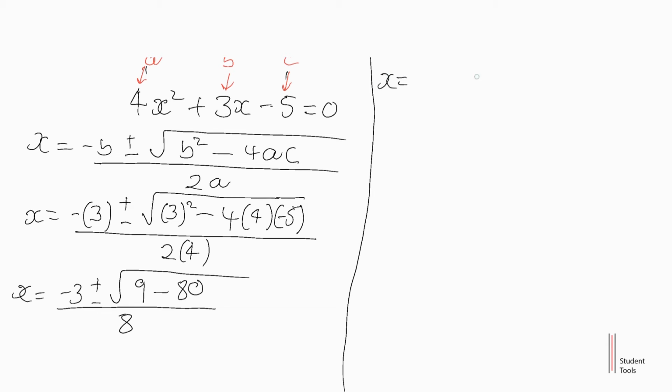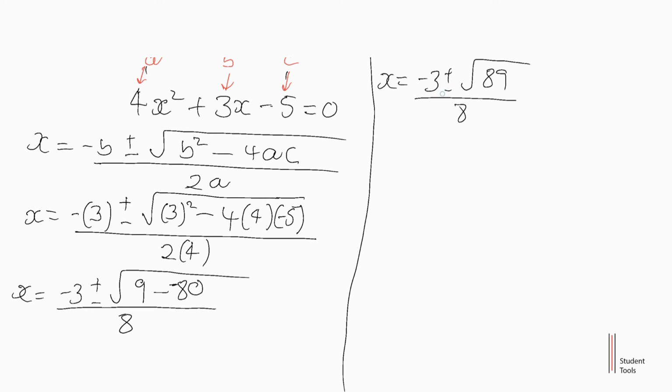So x is equal to negative 3 plus or minus the square root of, oh sorry, I forgot to put the negative here, because 4 multiplied by 4 is 16, and 16 multiplied by negative 5, that is negative 80. So here it's going to be 9 minus negative 80. So with 9 minus negative 80, we're going to have 9 plus 80. 9 plus 80, that is 89 over 8.